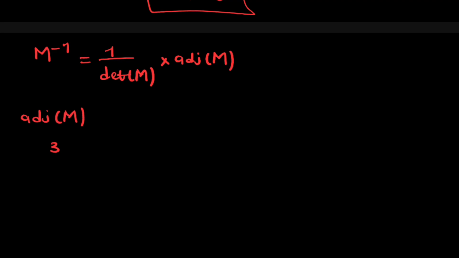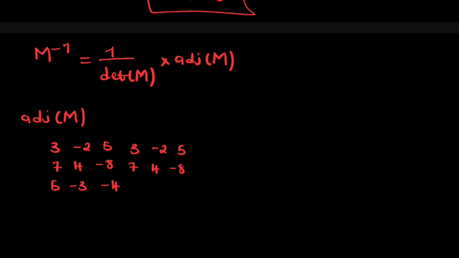To write our matrix, we write it down 4 times. Write it again: 3, minus 2, 5; 7, 4, minus 8; 5, minus 3, minus 4.